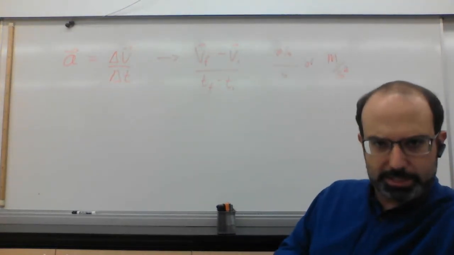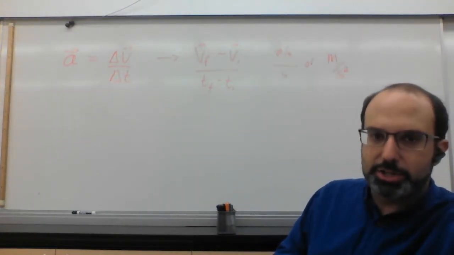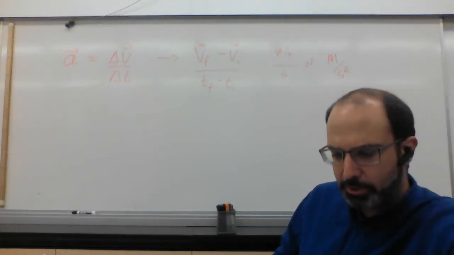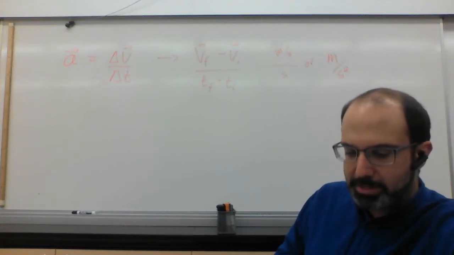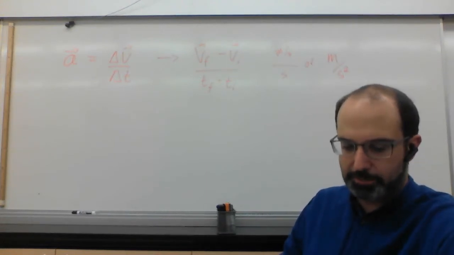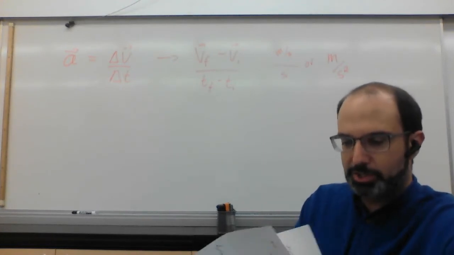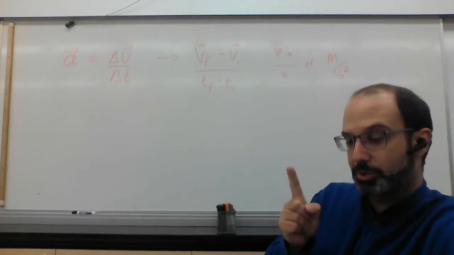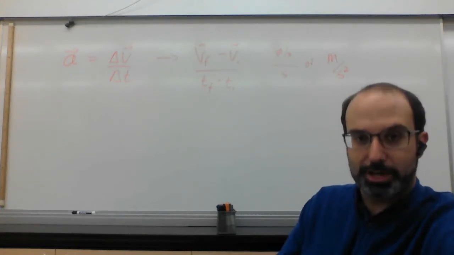So let's start breaking down our acceleration equation and see what we can piece together. The notes talk here about the fact that there are basically three broad ways that we can do this. Oh, I lied. Two broad ways that we can do this. The first way is that we change direction.